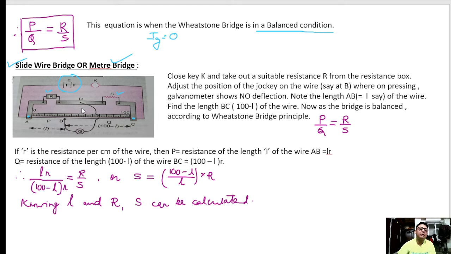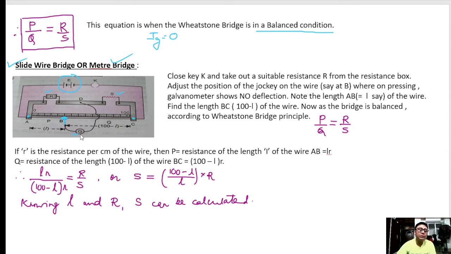And now what we will do is that from here we will take a wire connected to the galvanometer, and then this is a tap key. So what we will do, we will tap the wire AB at different points, and note the galvanometer deflection, okay.